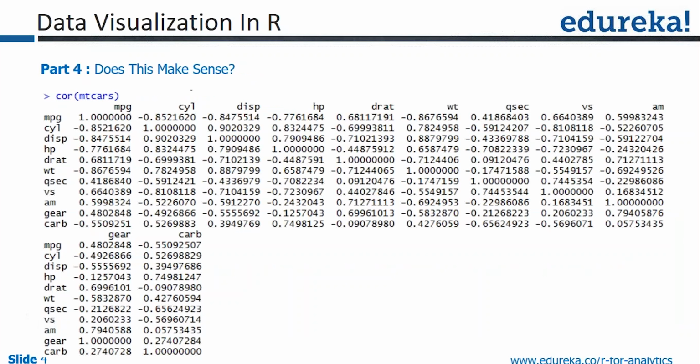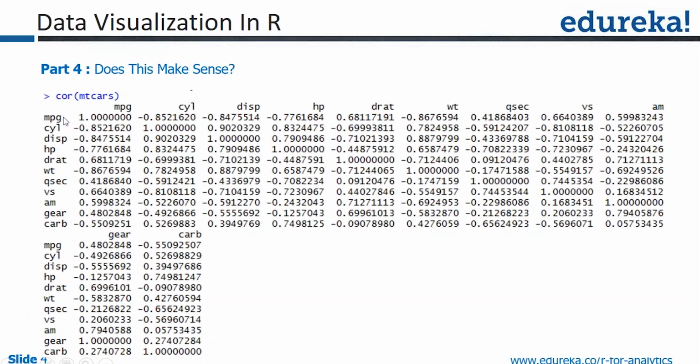Look at this, for example. If I give you these numbers in tabular format, would that be easy for you? Would it be easy for me to look into each and every number there and try to make some sense out of that? And would it be easy to remember these numbers or the kind of relationship that exists between two variables?